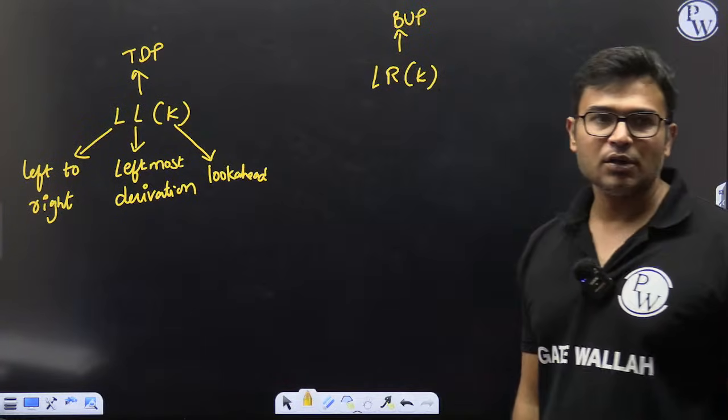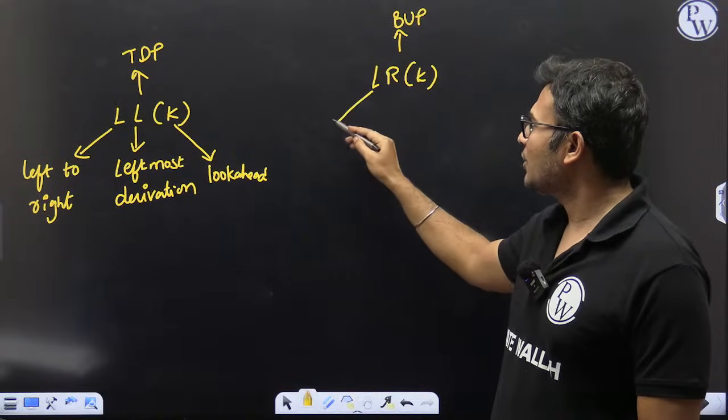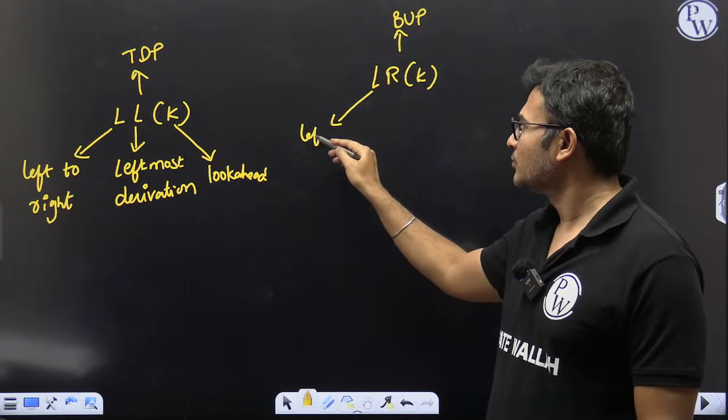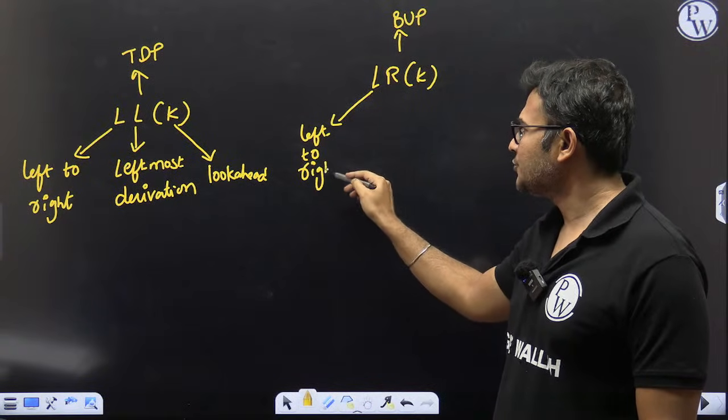Right? Now LR(k) is a bottom-up parser. And L means left to right scanning the string.